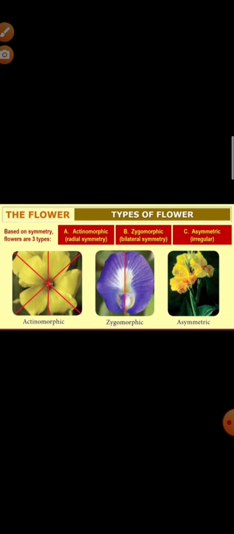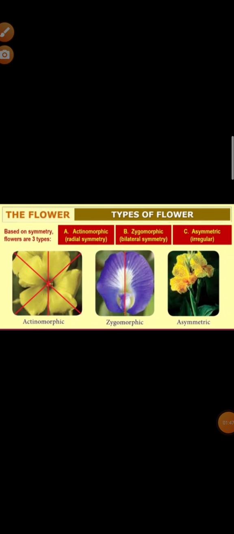Based on the symmetry, the flower can be divided as actinomorphic, zygomorphic and asymmetric. When we say that a flower is actinomorphic, you can see the divisions shown very clearly: actinomorphic, zygomorphic and asymmetric.